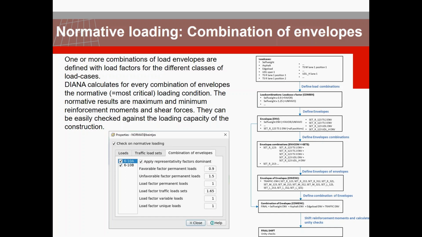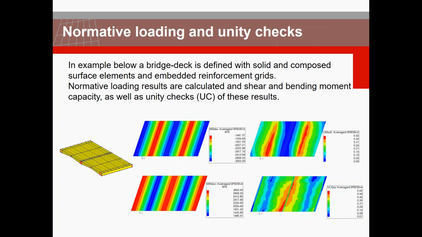So I want to show this on an example of a bridge deck modeled with solid elements with composed surface elements. And we use the normative loading to calculate the maximum and minimum values of the reinforcement moments and shear forces. And if we divide the extreme values due to the loads by the capacities, you will end up with unity checks.